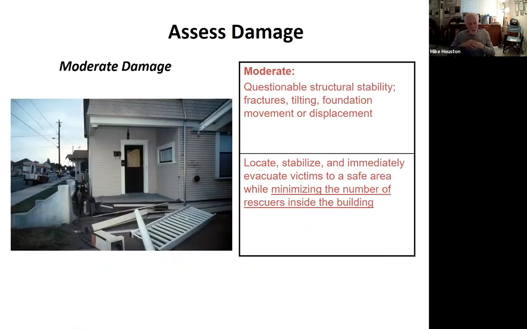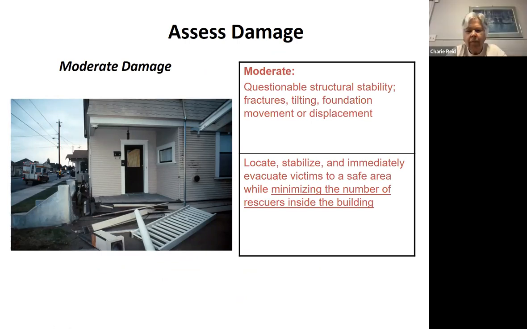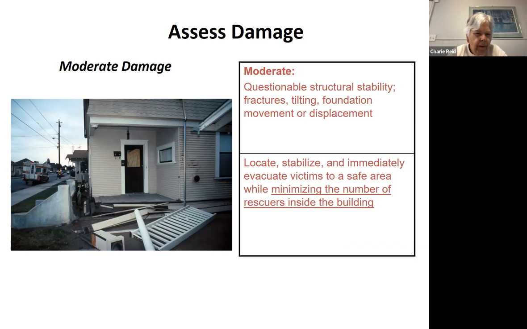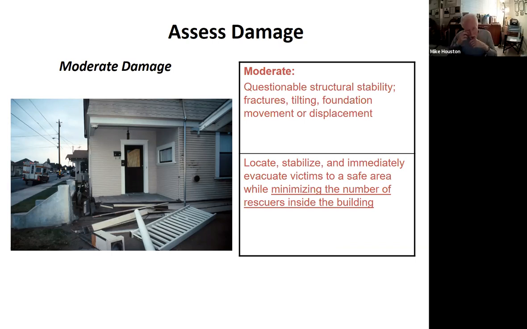You know, this slide has always created a little bit of discussion. It's classified as moderately damaged. However, if you take a look at the concrete stairway to the left, it looks like there are probably 4 steps leading up to the entrance to the house.